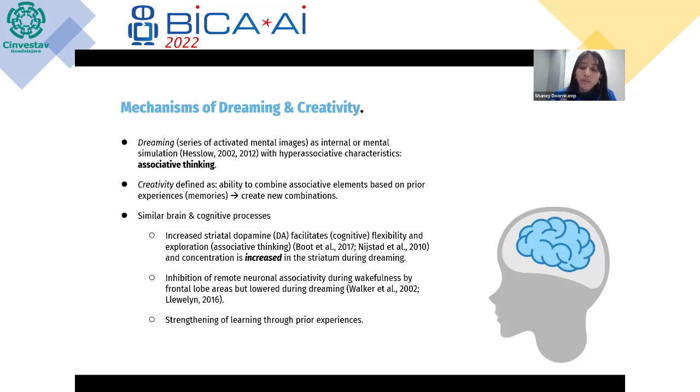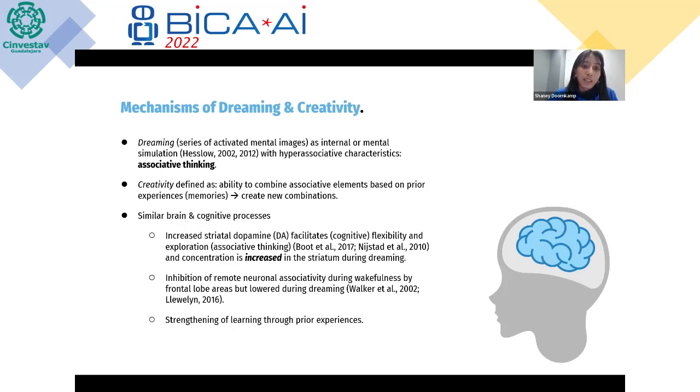Furthermore, the inhibition of frontal regions, in this case we took the PFC, during wakefulness is preventing or repressing this associative thinking from happening during wake, but these regions are less active during dreaming, which allows for hyper-associative thinking. As well, strengthening of learning happens through prior experiences.